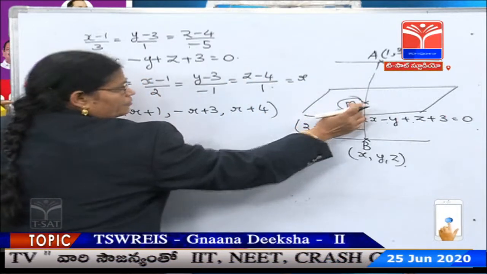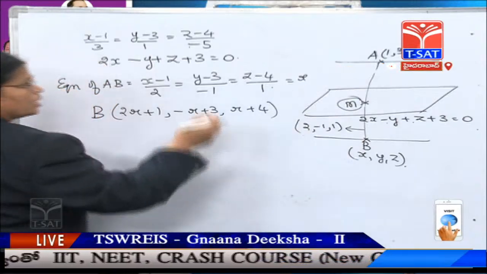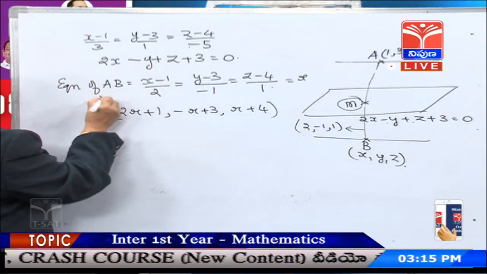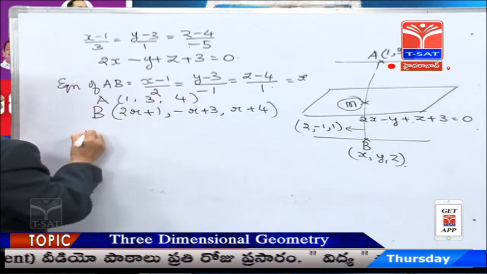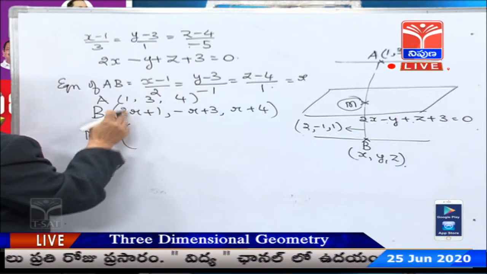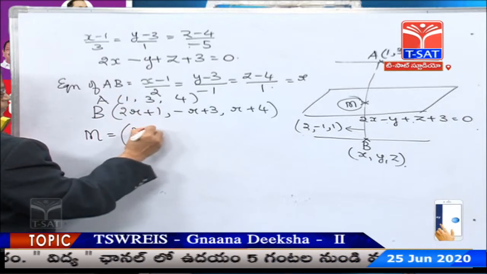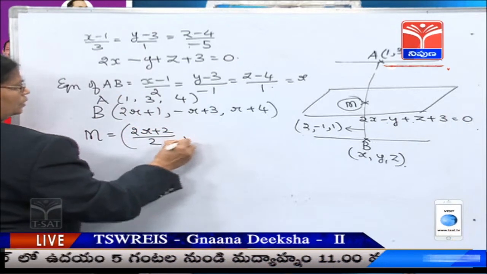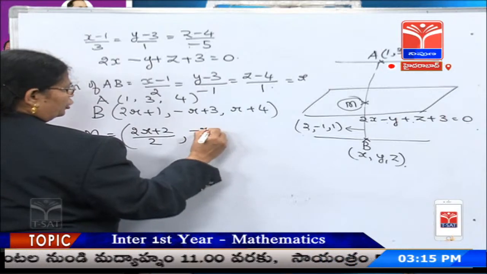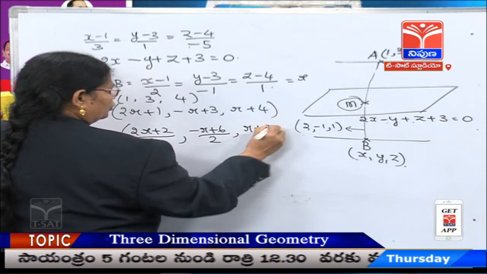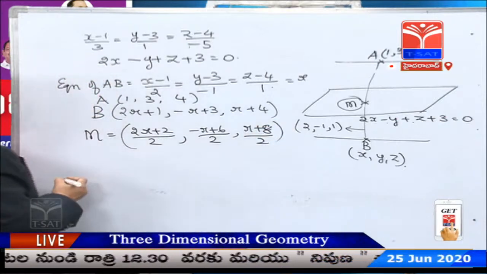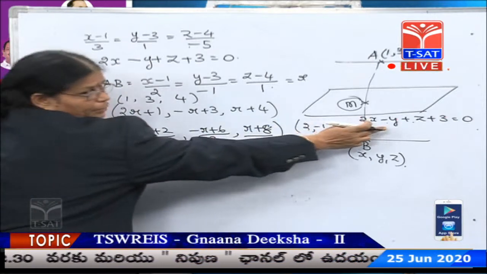To get M we will use the midpoint formula. M is the midpoint of AB. A point is (1, 3, 4). So I want the midpoint of AB, which is ((x1 + x2)/2, (y1 + y2)/2, (z1 + z2)/2). This M lies on the plane.